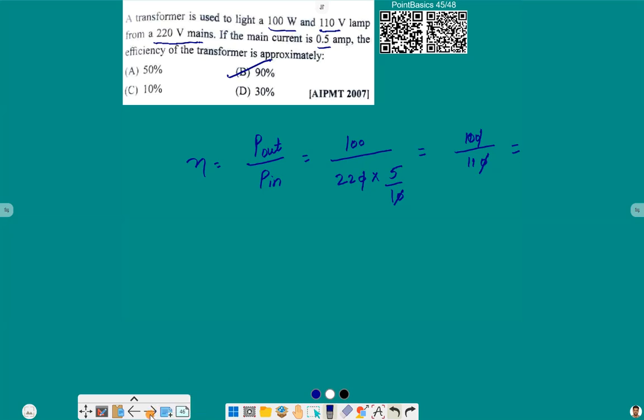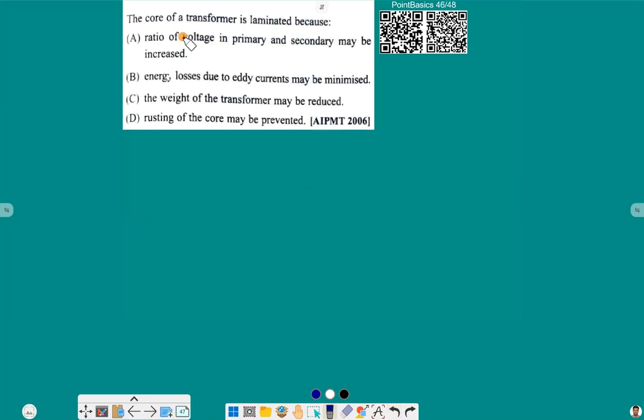Moving to the next one. The core of the transformer is laminated because ratio of the voltage to primary coil may be increased, energy loss during eddy current may be minimized, the weight of the transformer is reduced, rusting of the core may be prevented.